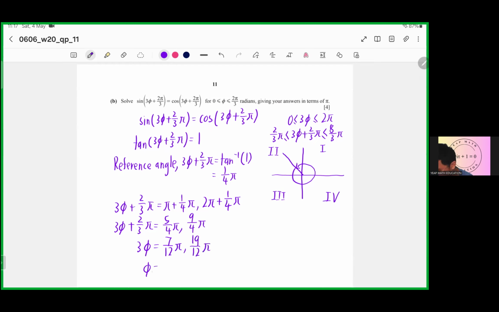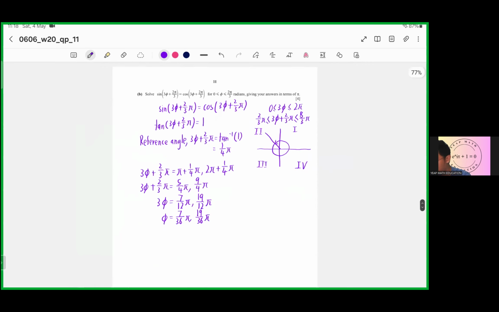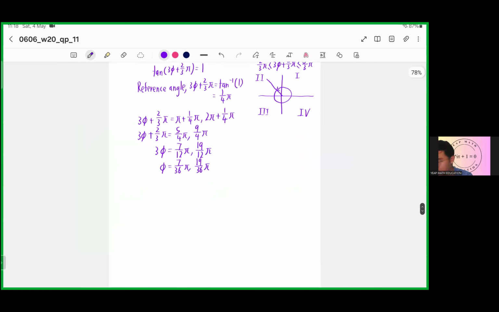And also we divide by 3. So we get 36 here. Okay, we already solved this question. Now we look at the next part.